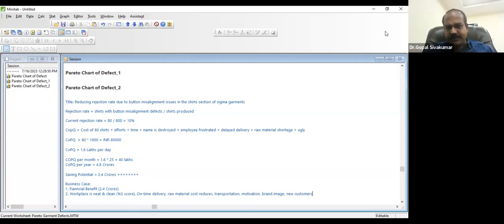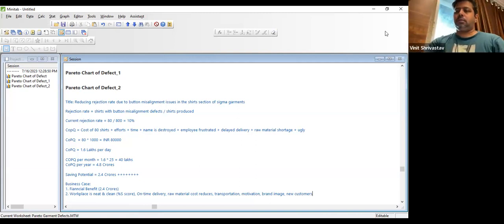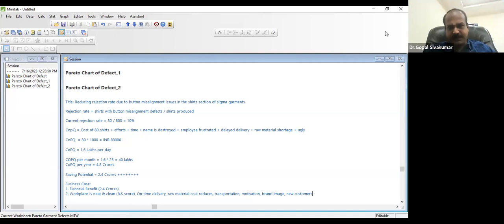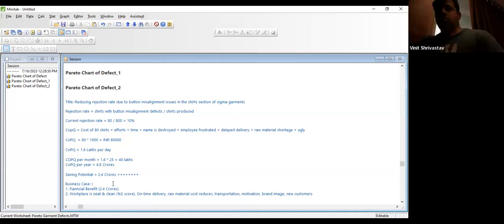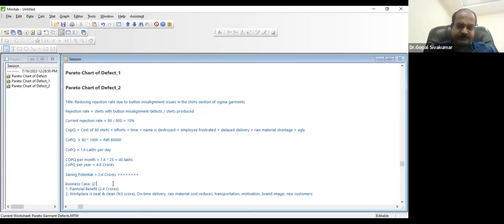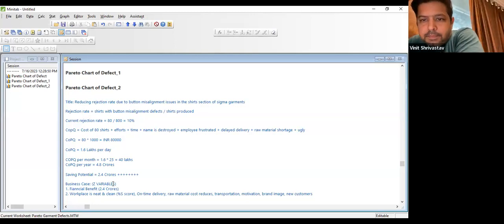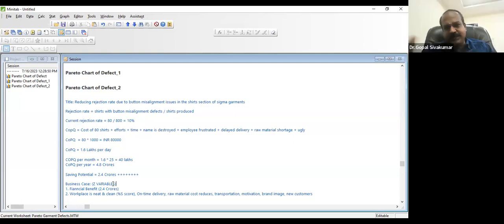Will you be able to write like this? Yes, financial benefit and non-financial benefit. These are called X or Y or Z. Come on. What are these? Tangible is Z. All are Z only here.